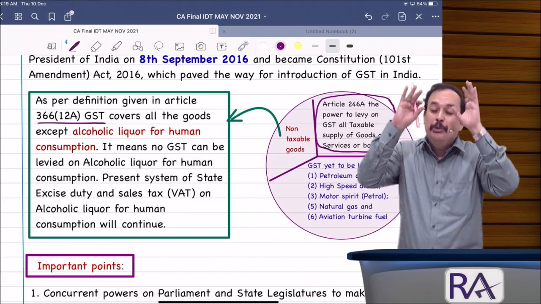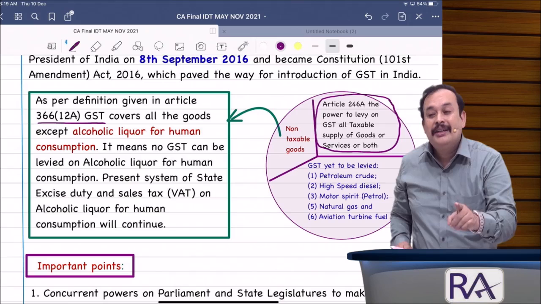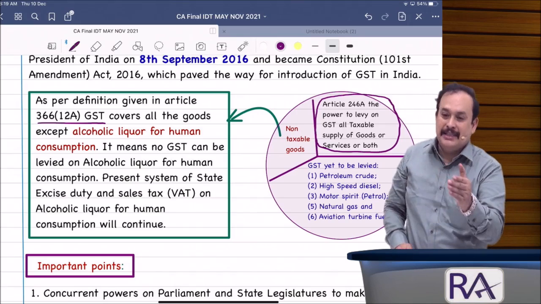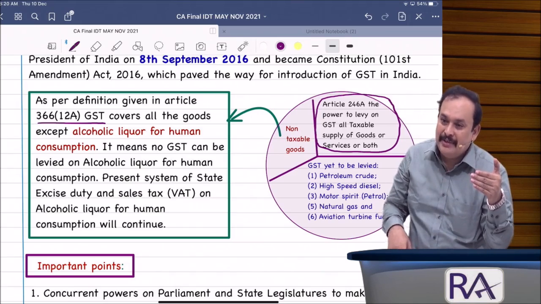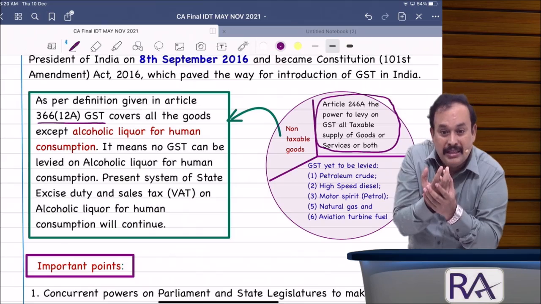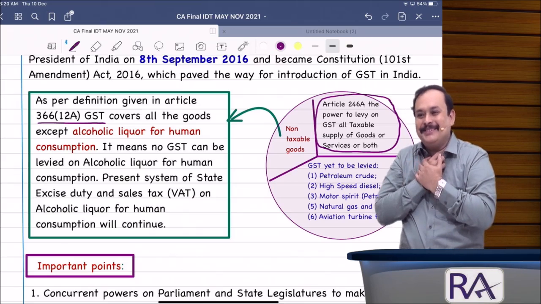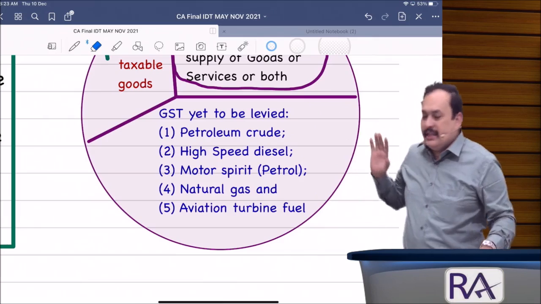So it is the purest form of revenue of the state governments. On sale of liquor meant for human consumption, what tax is levied? Value added tax. And is the revenue of whom? State governments. Got the clarity, my dear sir? So further. Now listen here.